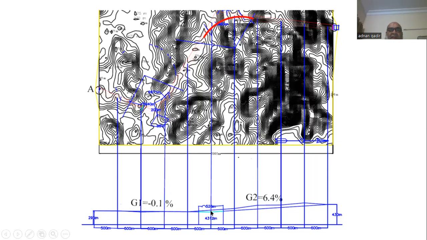And the difference in elevation from this point to this point gives me a positive value. So when a negative G1 joins a positive G2, this curve is known as a sag curve. From our previous definition, we know that when a negative grade joins a positive grade, we will have a curve. This curve is known as the vertical sag curve.